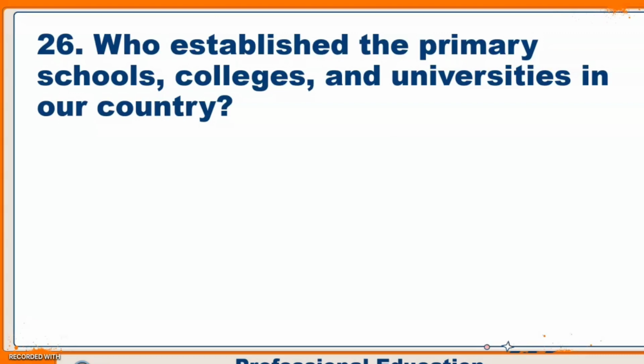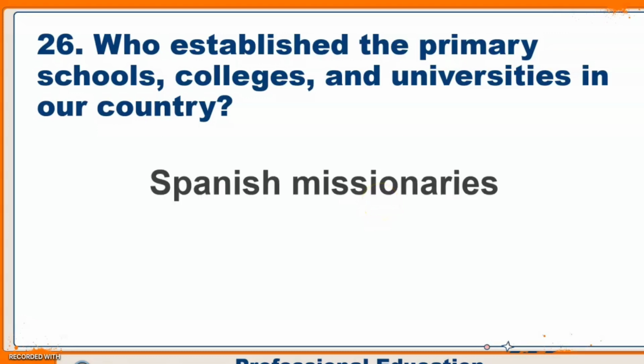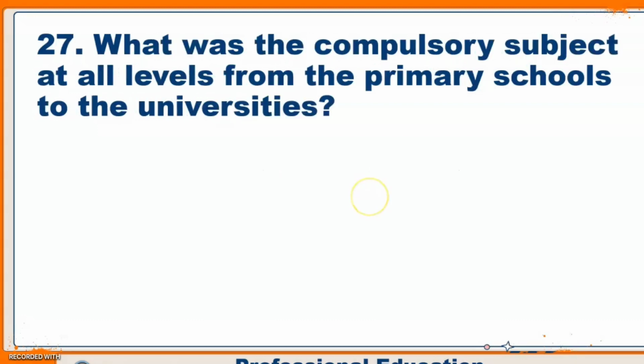Who established the primary schools, colleges, and universities in our country? Spanish missionaries. They were sent by the Roman Catholic Church and Spanish royal authorities to other lands to convert people to Christianity.